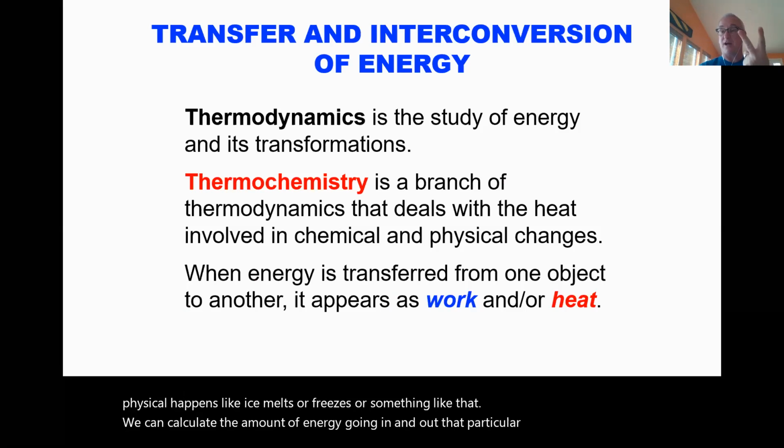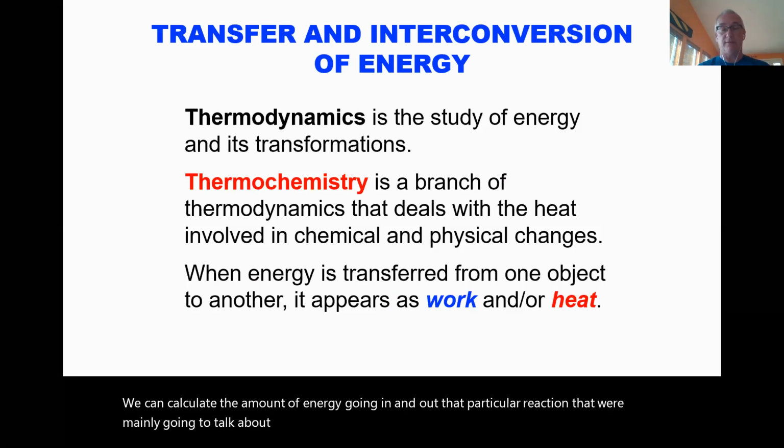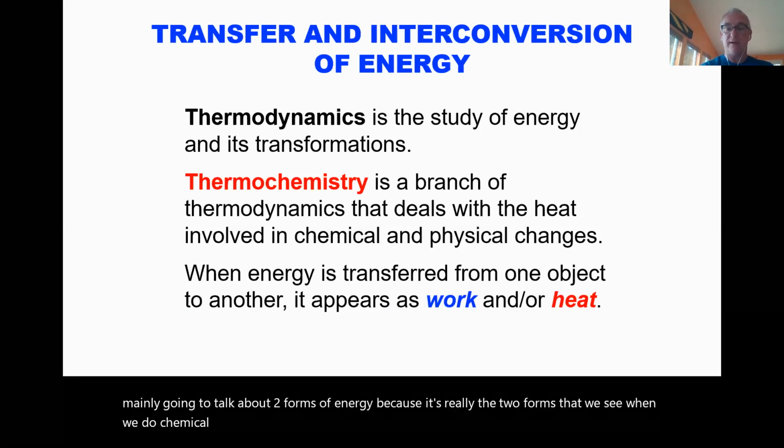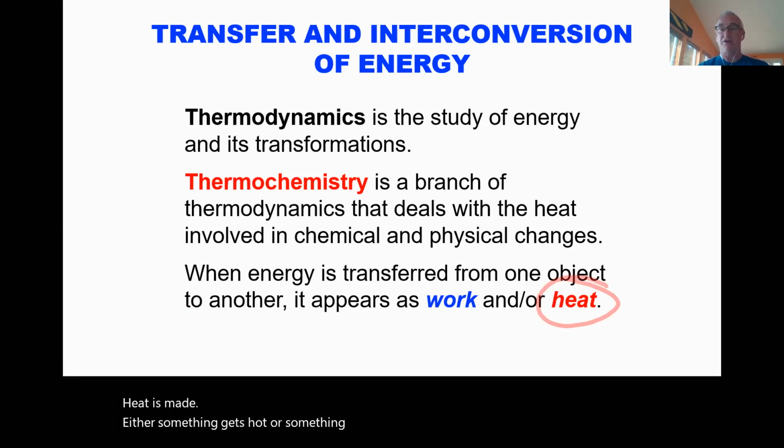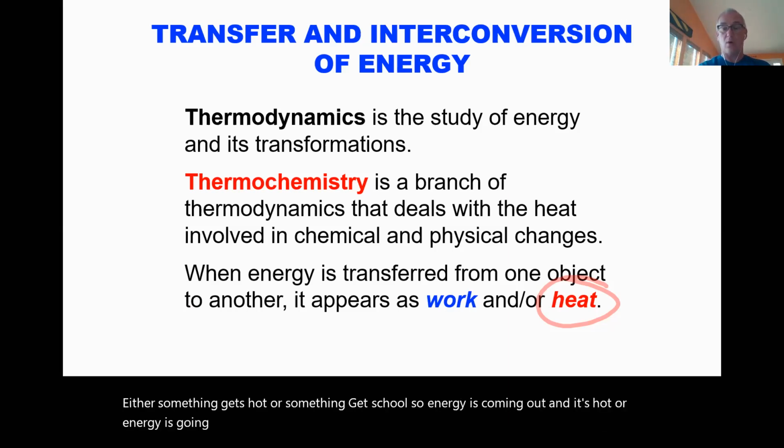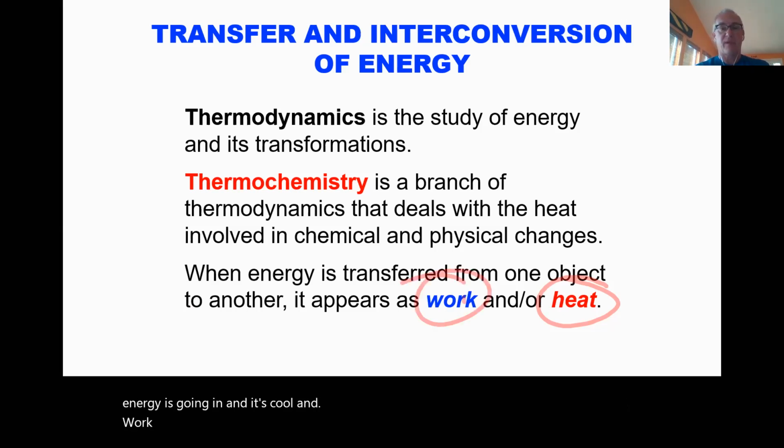Now, we're mainly going to talk about two forms of energy, because they're really the two forms that we see when we do chemical reactions. Either heat is made, so something gets hot or something gets cool: energy's coming out and it's hot, or energy's going in and it's cool. Or work is being done. And I mentioned a lot of the work that we'll be dealing with in chemistry is work involving gases.